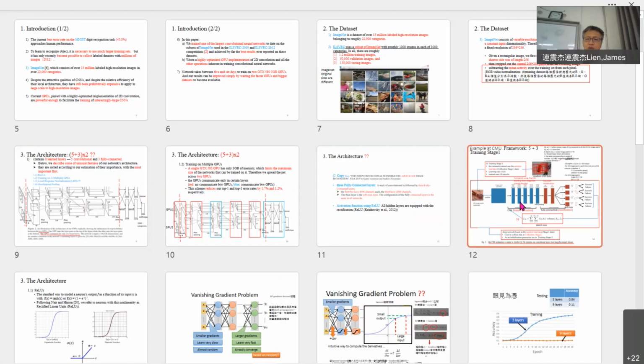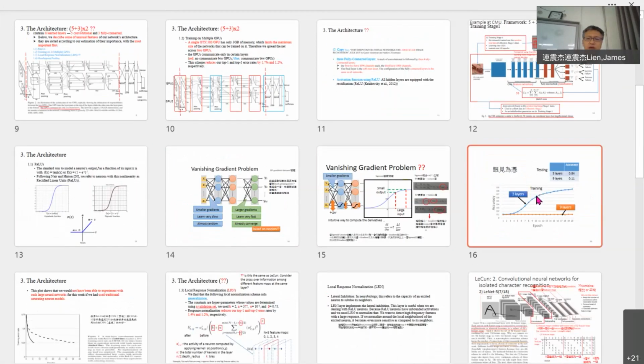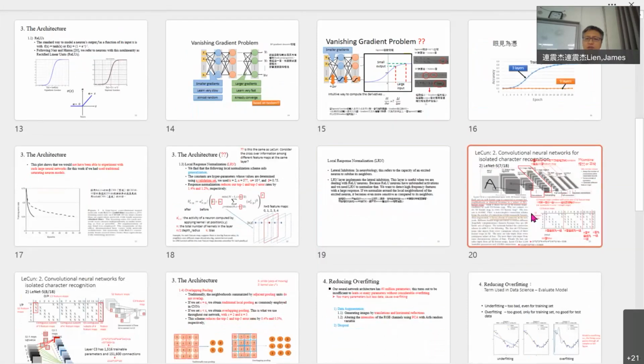So I draw it this way, 5 plus 3. And the purpose is that AlexNet is also for classification, and also for the encoder. It's a backbone.